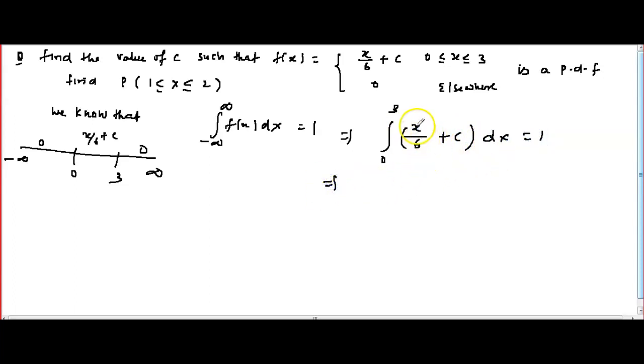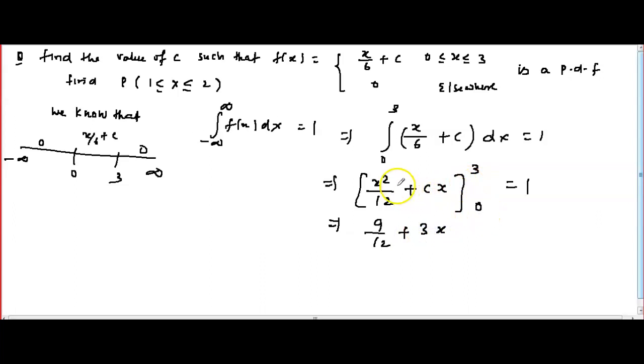The integration of x by 6 is x square by 12 plus c, where c is the constant, so its integration is cx, from 0 to 3. So if you put it here, 3 upper minus lower, 3 square is 9, 9 by 12 plus 3c, and if you substitute 0, this is 0, this is also 0, is equal to 1.